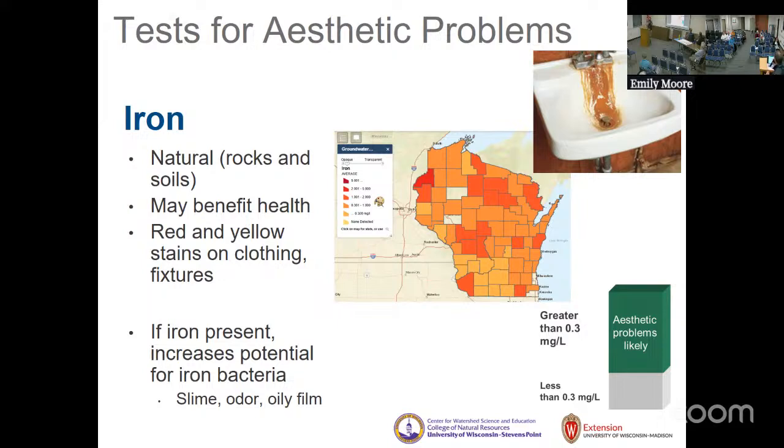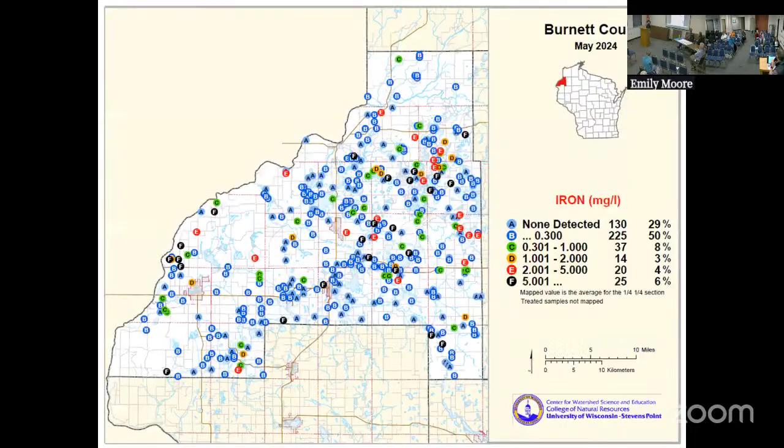A lot of organic matter in the soils or the sediments will exacerbate or make iron more soluble in the groundwater. And then when it comes out of the pipe, that water comes in contact with oxygen, and that iron starts to precipitate out as a sediment, or maybe that film, that red stain on your white fixtures or on your laundry. Very similar. Well, here's the iron map.